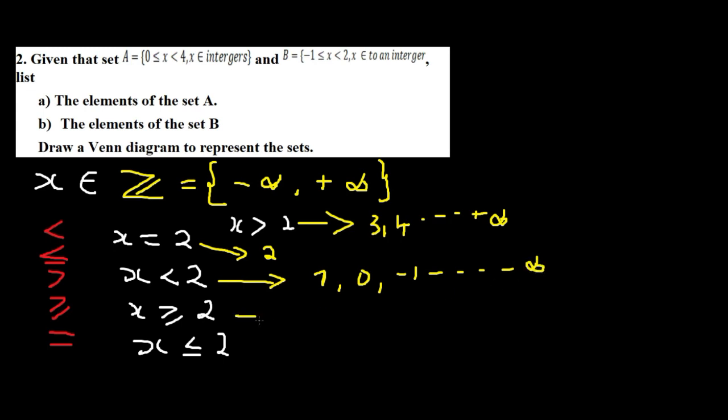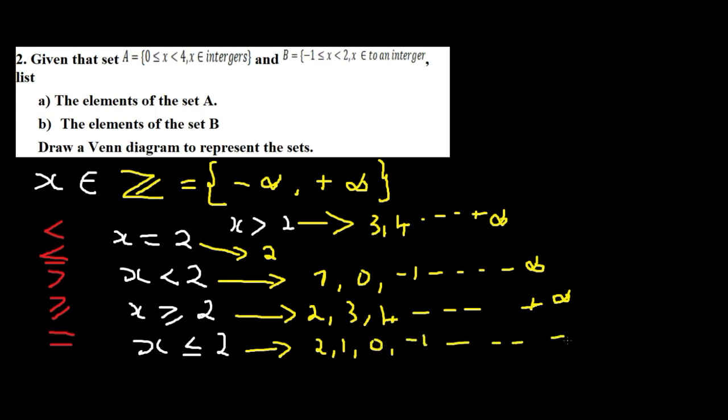In the third case, there are infinitely many solutions, starting from 2, 3, 4, right up to positive infinity. The same thing applies for the last case. It starts from 2, 1, 0, minus 1, up to minus infinity.